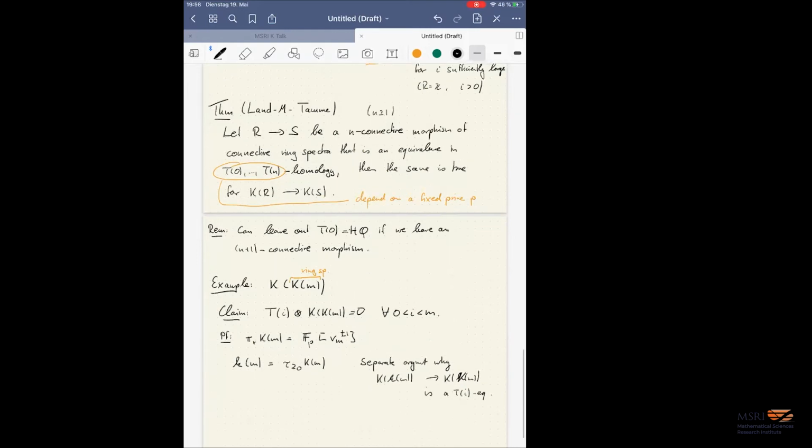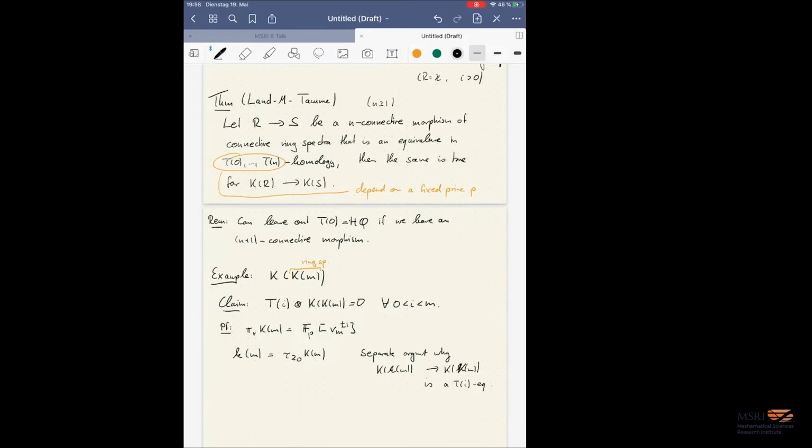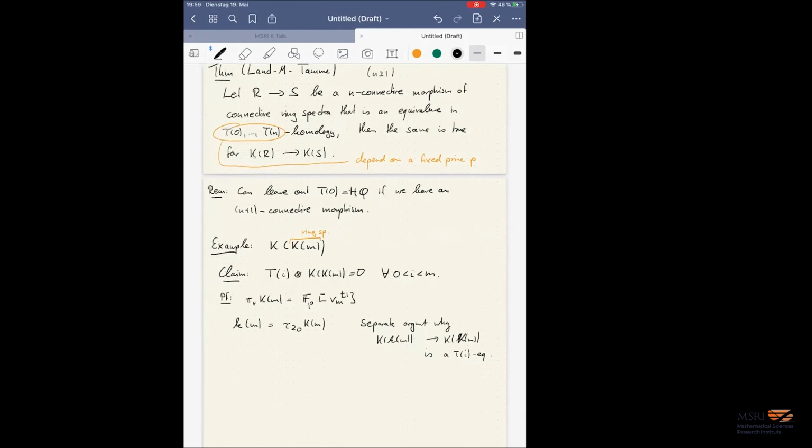This is essentially boiling down to the fact that one has a localization sequence where one can identify the fiber with the K-theory of F_p, which one knows to be T_i acyclic. Okay, so then this lambda K_m has homotopy groups of a polynomial ring.